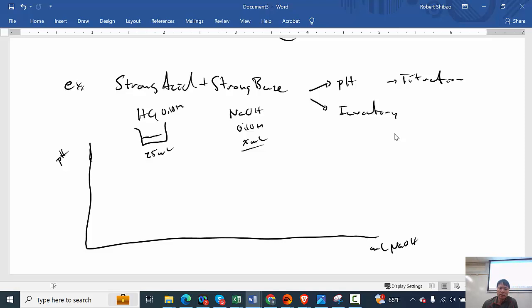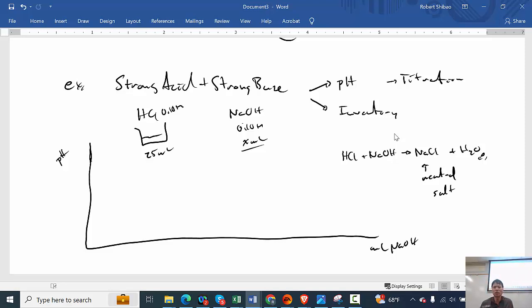So in order to neutralize, we see the concentrations are the same. This is 0.1, this is 0.1 molar, and the stoichiometry is a 1-to-1 reaction to produce sodium chloride and water. All right, this is a neutral salt. Neutral salt is pH 7.